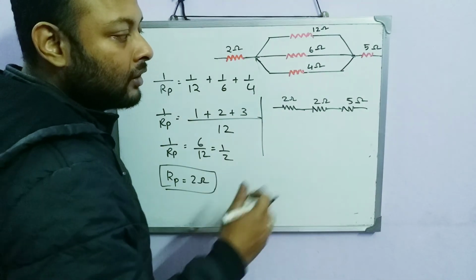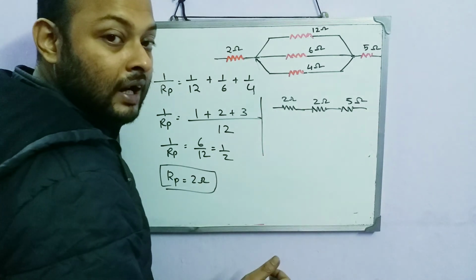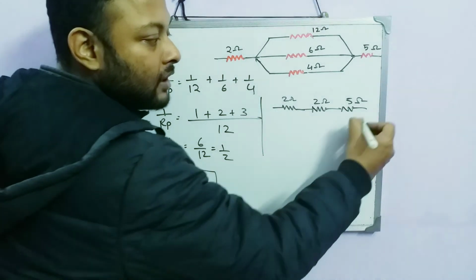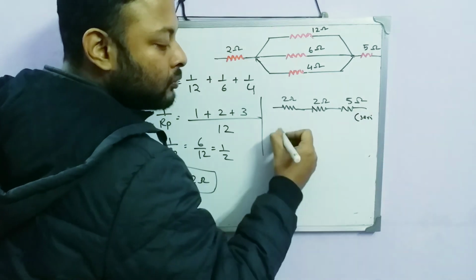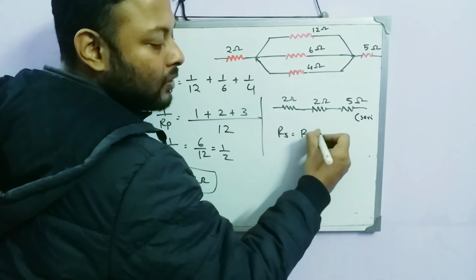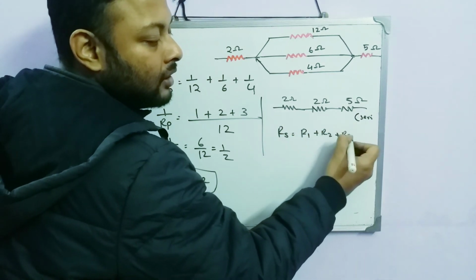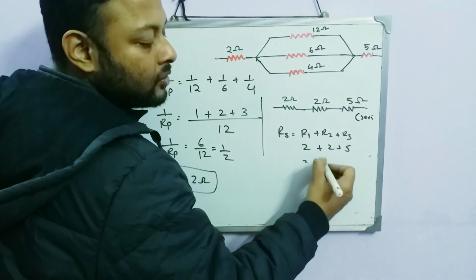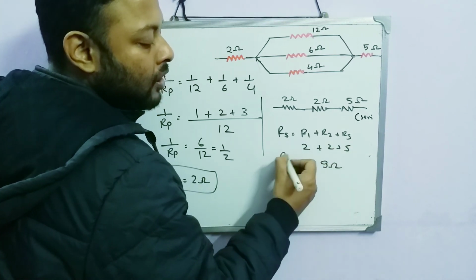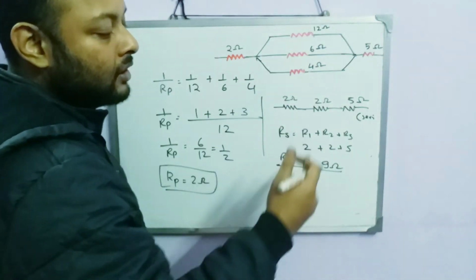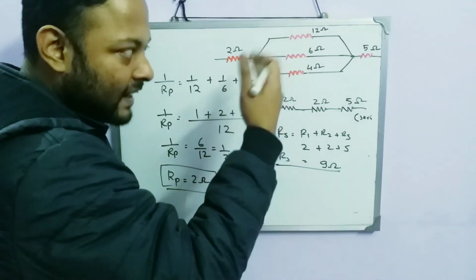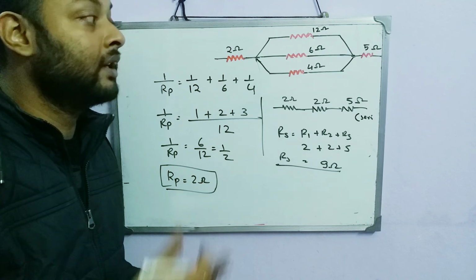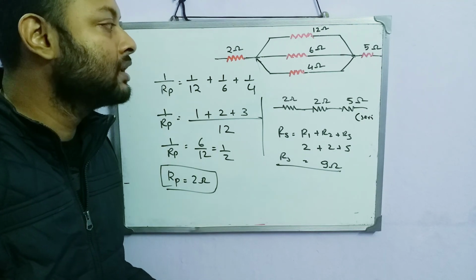Now these three resistances are in series, so I'll use the formula, resistance in series is equal to R1 plus R2 plus R3. So that becomes 2 plus 2 plus 5, which gives you 9 ohm. So the resistance of this entire combination becomes 9 ohm.